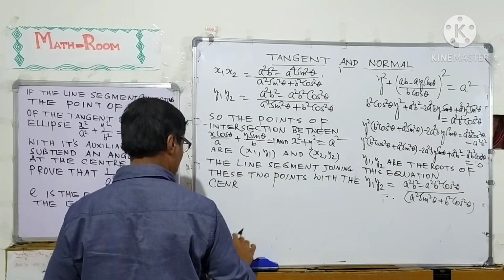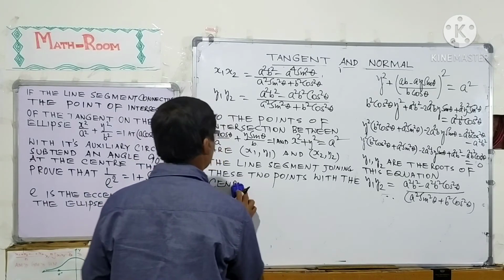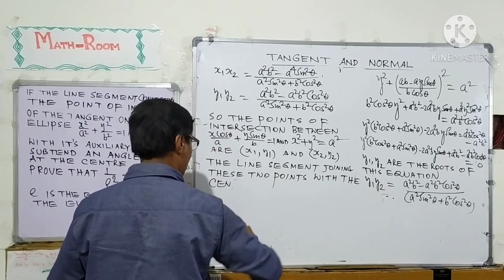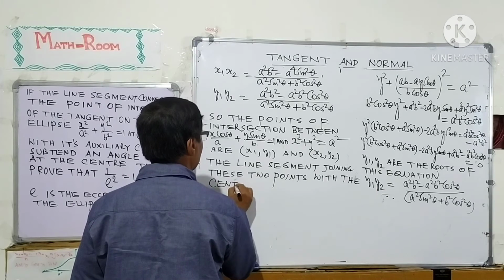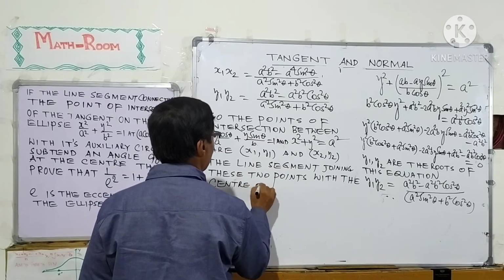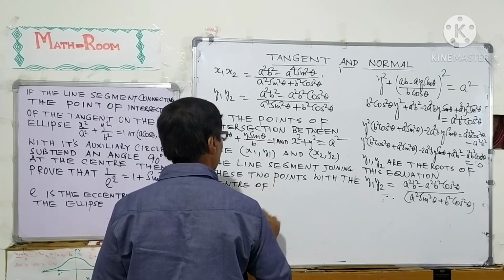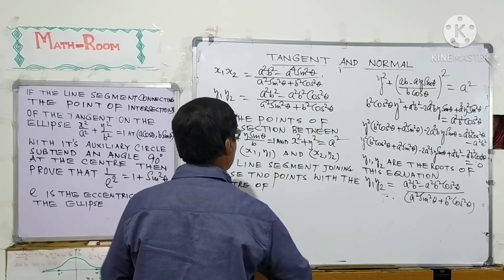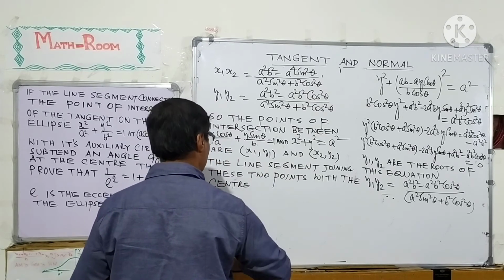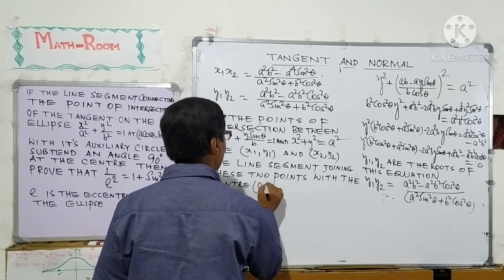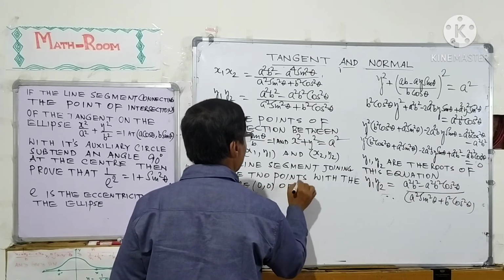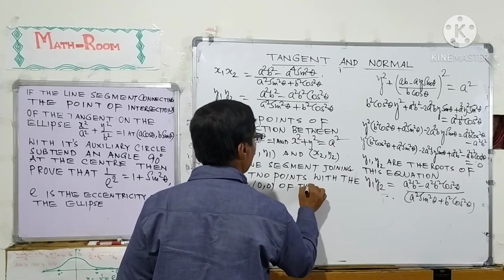The coordinate of the center is (0, 0), the center of the ellipse and of the auxiliary circle.